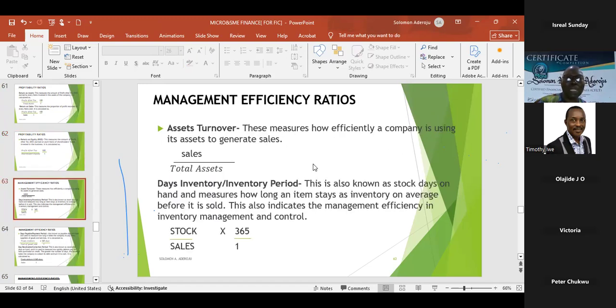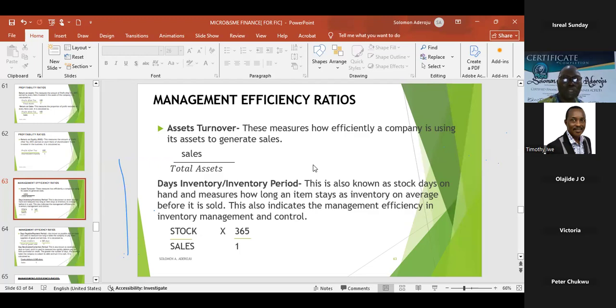Then asset turnover, sales over total assets. We want to see how efficiently the company is using its assets to generate sales, and it is in times. For example, if assets of 100 million are used to generate sales of 400 million, so with an asset of 100 million, the company has generated sales of 400 million.